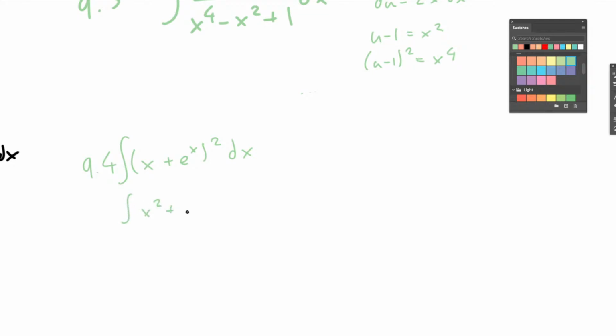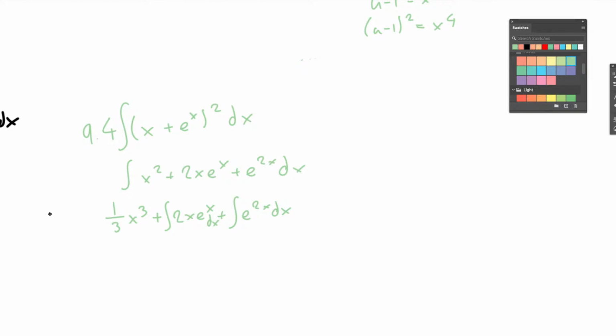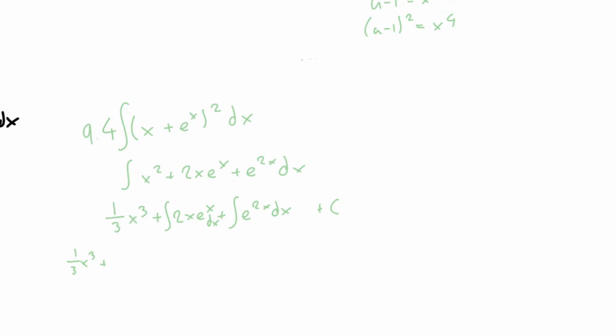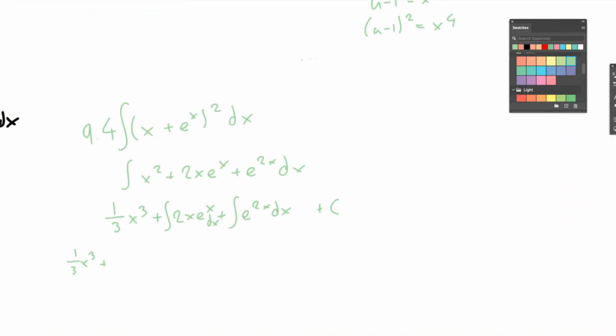What if I... So we get 1... Okay, now, so that becomes 1/3 x cubed plus, now time to integrate by parts, 2x e to the x would mean, let's go back to that.